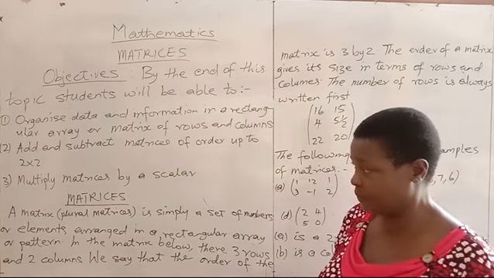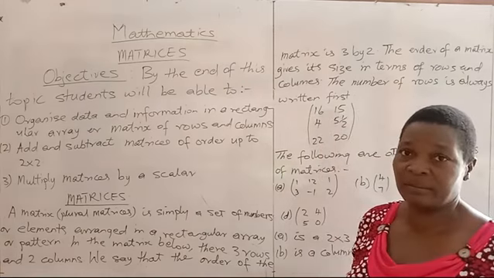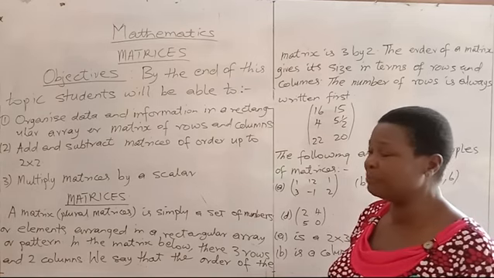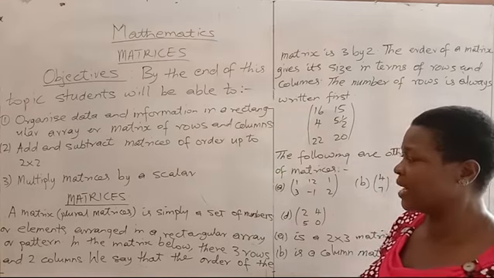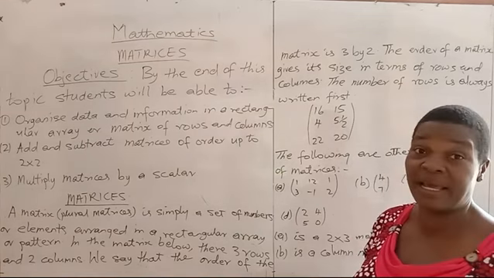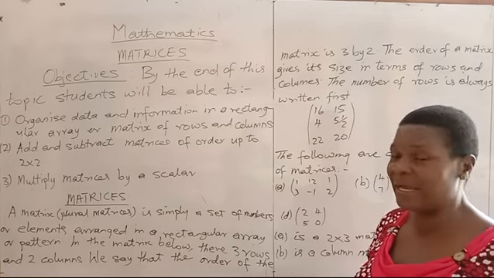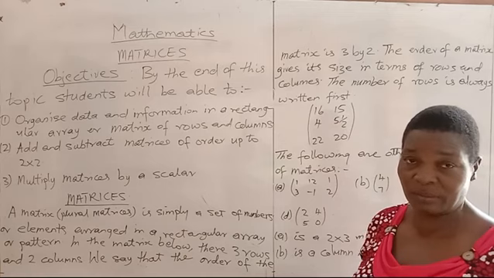Matrices definition. A matrix, plural matrices, is simply a set of numbers or elements arranged in a rectangular array or pattern. What do we mean by that? You are given a set of information.